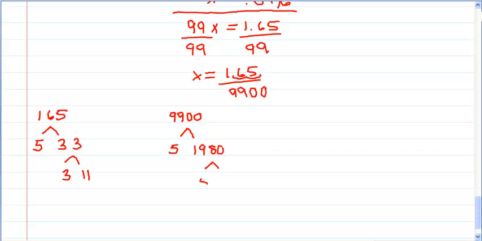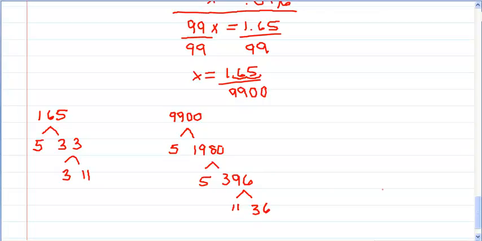Now if I divide 1980 by 5, I get 396, and 396 is divisible by 11 because the middle number of 9 is the sum of the two outside numbers. So if I take 396 and divide it by 11, I get the number 36.